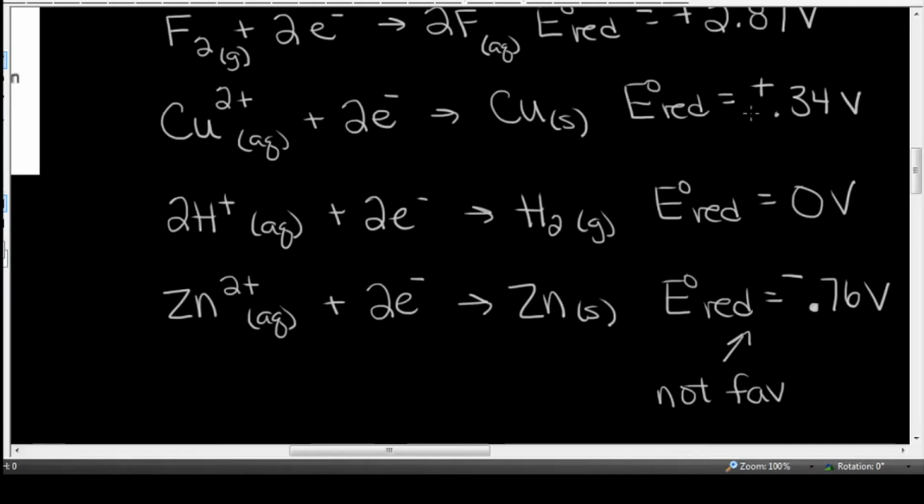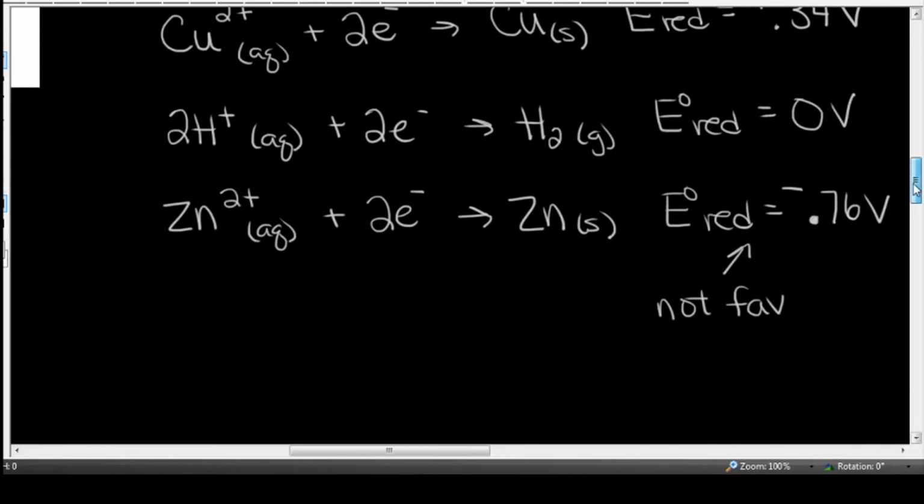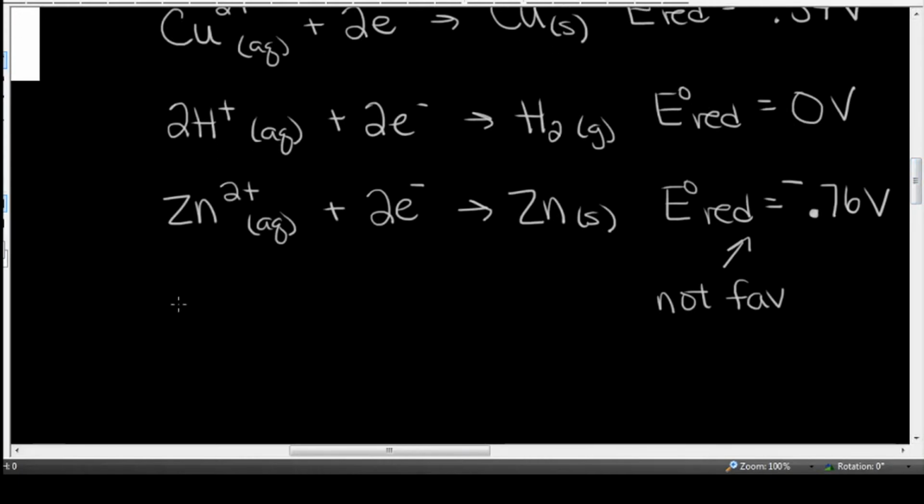And if we keep going down this list, you guys might start to notice that this is like an upside down activity series. Lithium 1 plus. Do lithium 1 plus ions want electrons to become lithium solid? Heck no, right? Lithium wants to lose electrons. Remember the alkali metals, 1 valence electron, they really want to get rid of that electron.